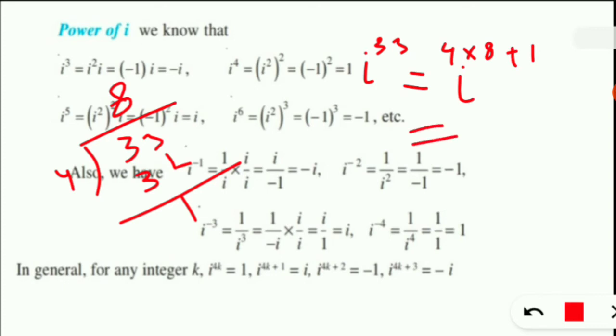Again 4k plus 1 form, so again i. If we take 34, that is plus 2, so 4k plus 2, and the answer is minus 1. Clear? Okay.